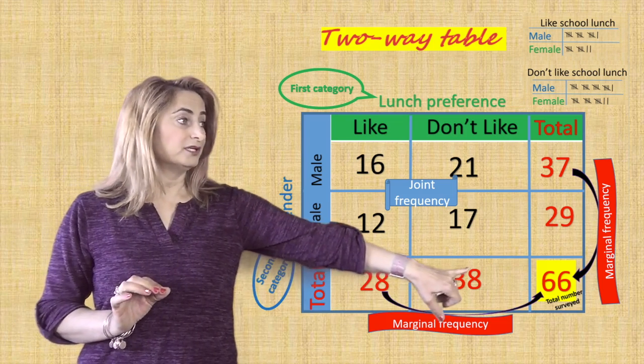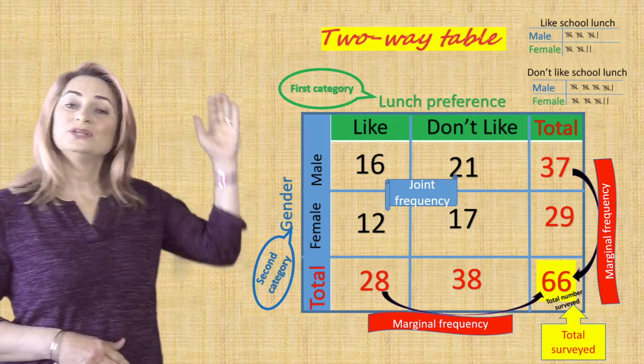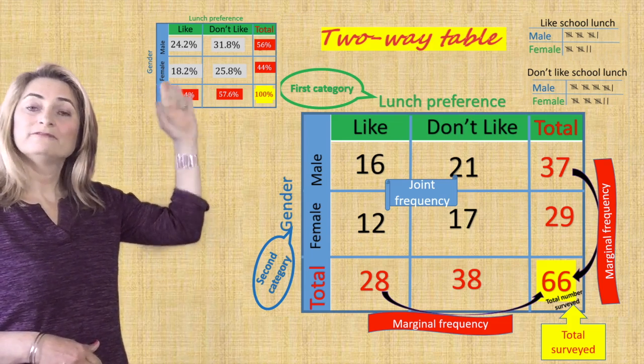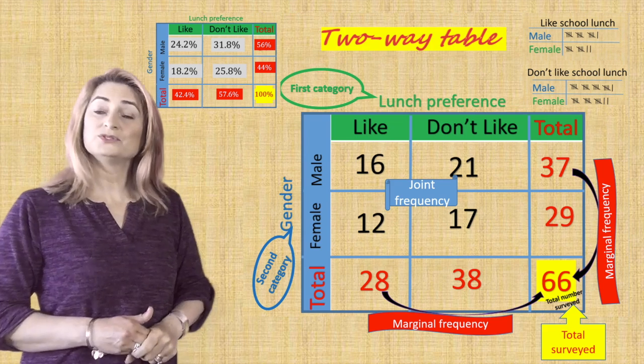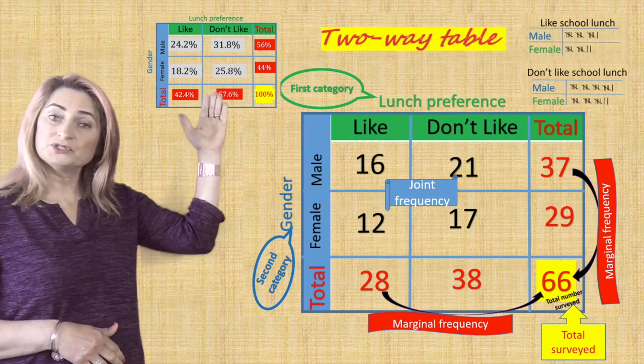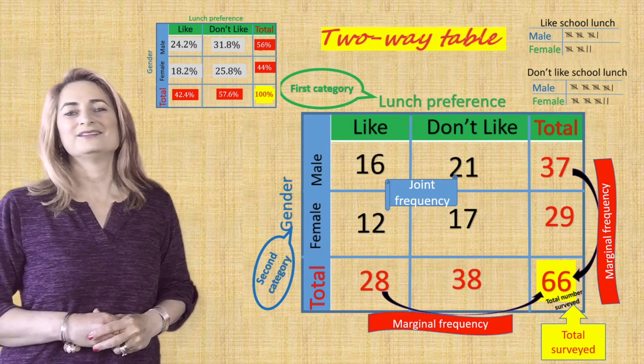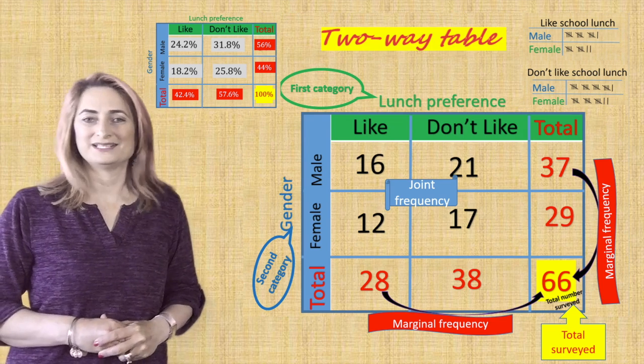The last number in the corner is the total number surveyed. You need to find the percentage table from the two-way table using the part divided by the whole times 100%, which helps you find a conclusion or a relationship between the two data in the two-way table.